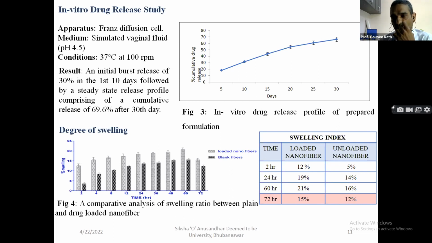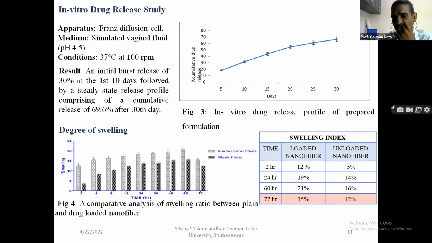PCL is a very slowly biodegradable polymer. The implants available in the market for anti-fertility hormones are also made of PCL. So due to the presence of PCL, we have a prolonged release profile of the drug.